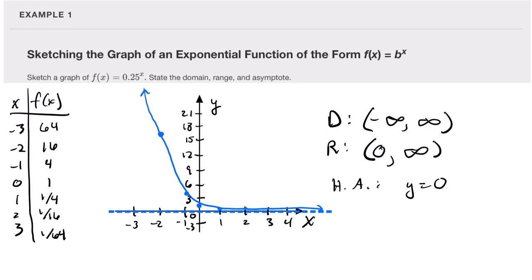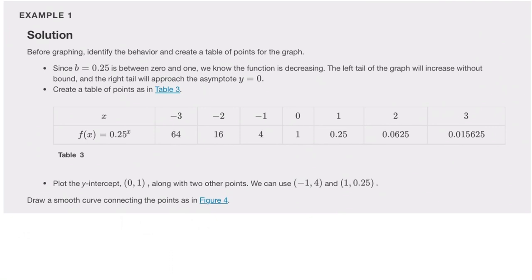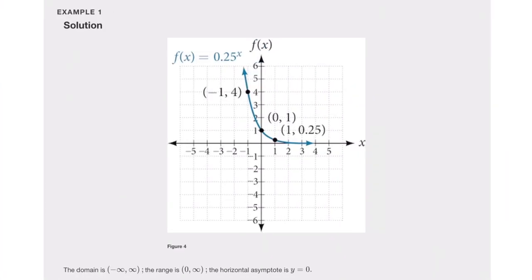Okay, I think those are all the parts that this was looking for. Okay, so they chose similar points. Plot the points along with 2 other points we can use when x is -1 and 1. Draw a smooth curve to connect. And essentially we got the same thing.